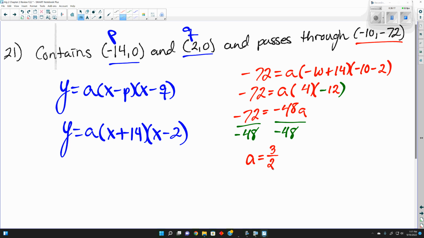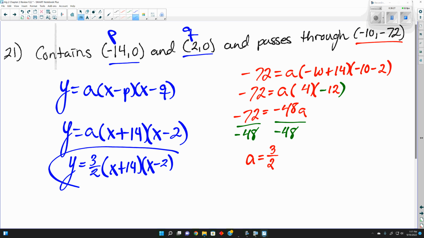Now, this is not the final answer. The final answer is y is equal to 3/2 times x plus 14 times x minus 2. You have to have it in terms of y and x.